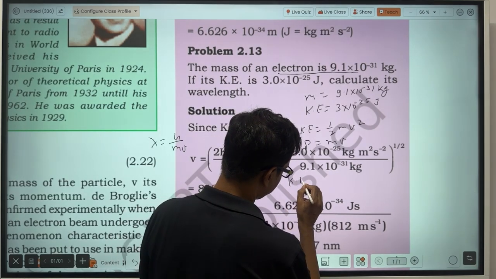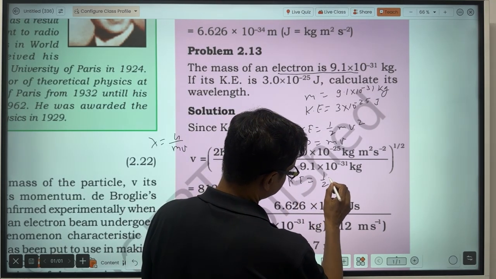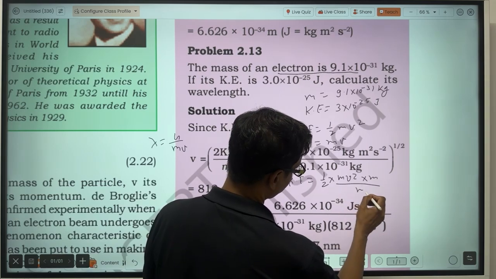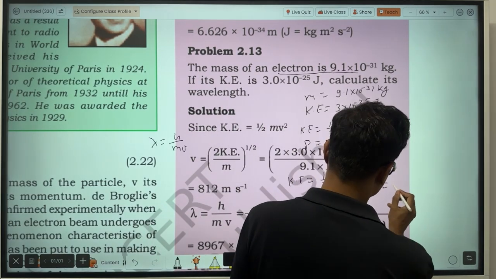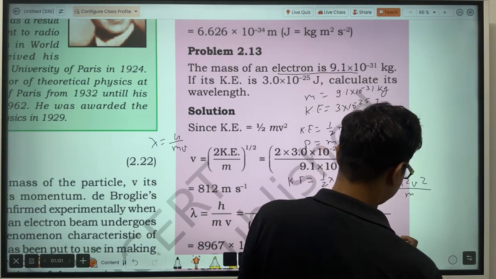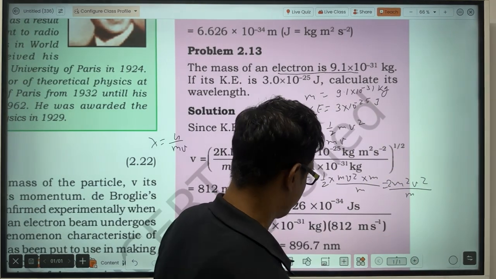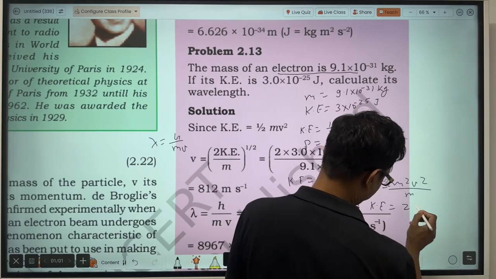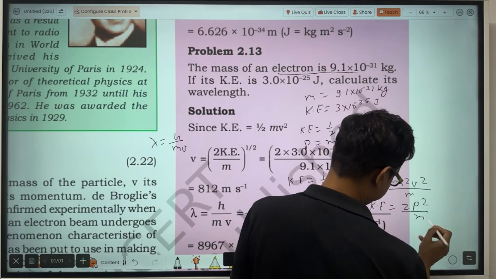Kinetic energy equals half into m v square into m upon m, which is m square v square upon 2m. This is momentum square, so kinetic energy equals momentum square upon 2m.